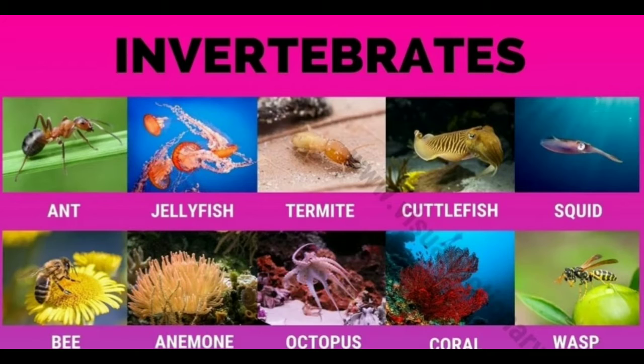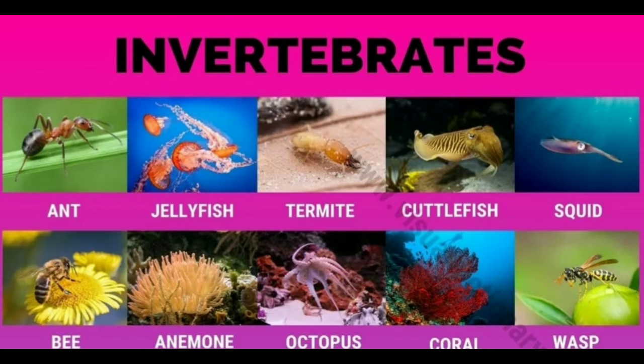And bees haven't one. Then sea anemone haven't a backbone. Sea anemone is a living organism, but it can't locomote. Then octopus and coral polyps haven't a backbone also.